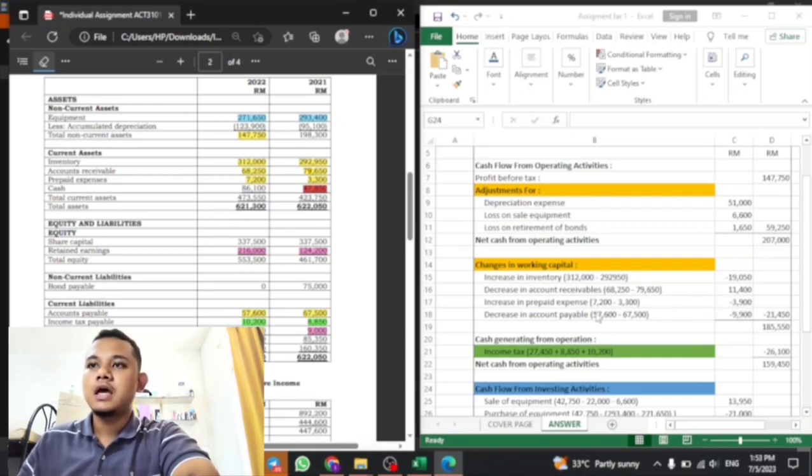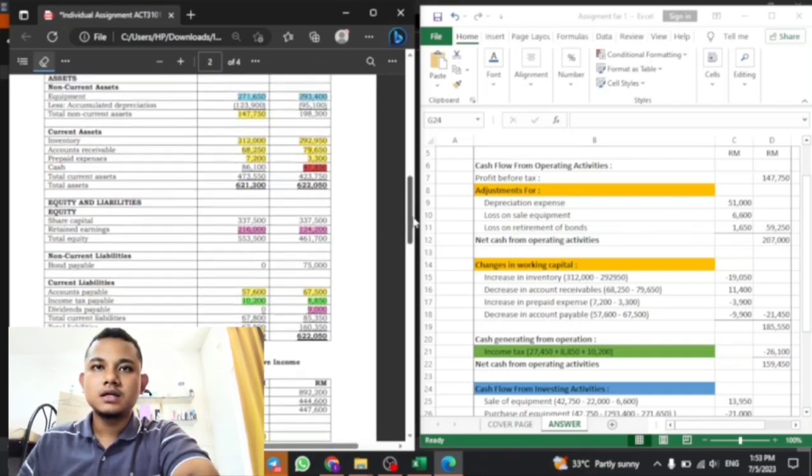And the last one is decrease in account payable. If we look at the current liability, account payable at the year 2022, we got RM57,600, and for the year 2021 67,500, and when I subtract these two amounts I get RM9,900.